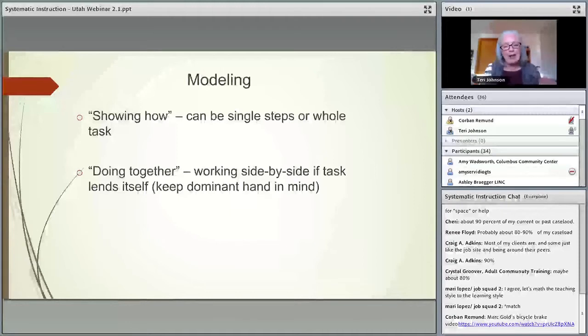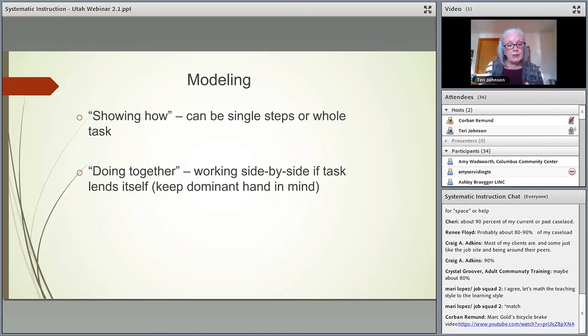It totally depends on your learner. With the big mailing machine that I showed last week, that had all those steps, some people I've worked with would be focused throughout the entire task, so I might model and teach the entire task. Other people, based on their learning style, I may choose to show just a small part of the job, focus on teaching that, and then build on the rest of the task.